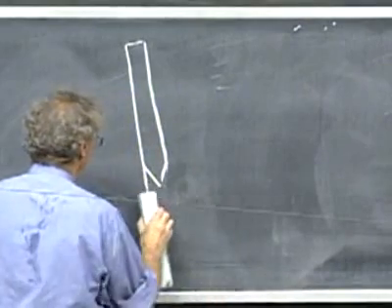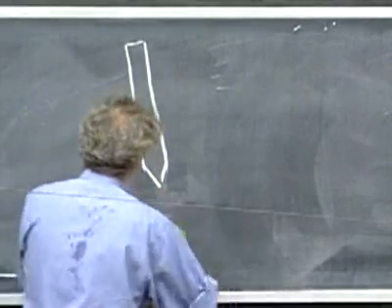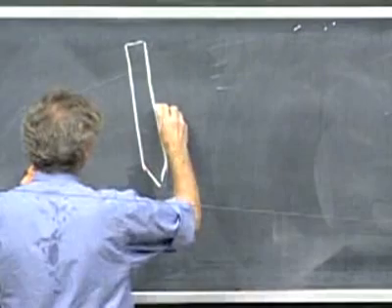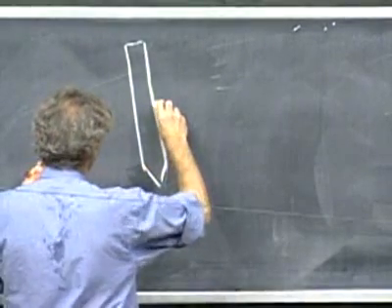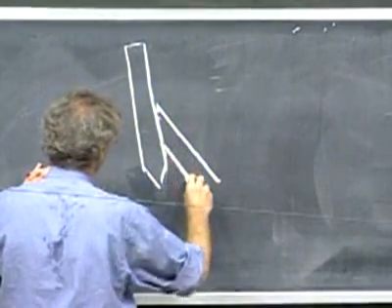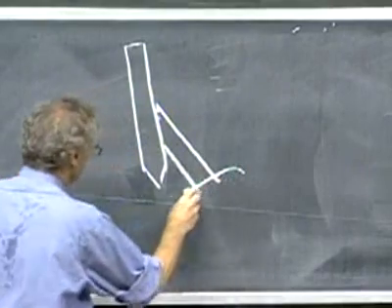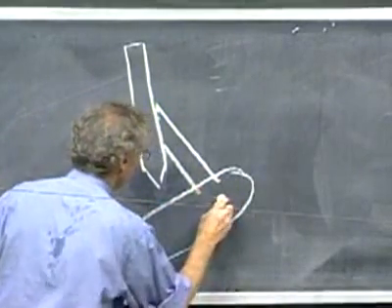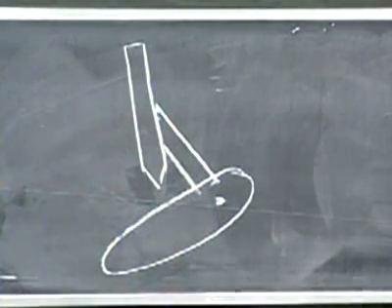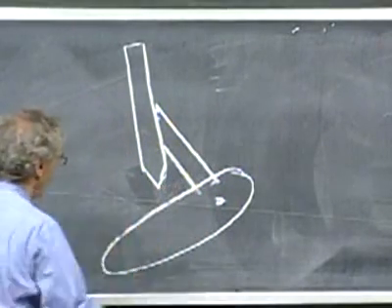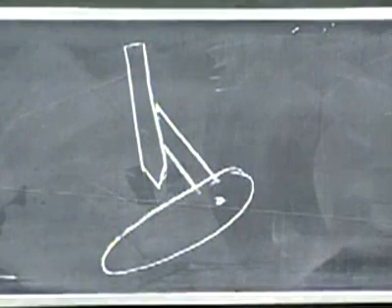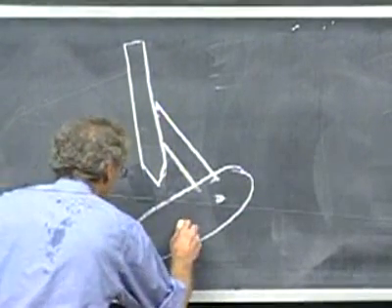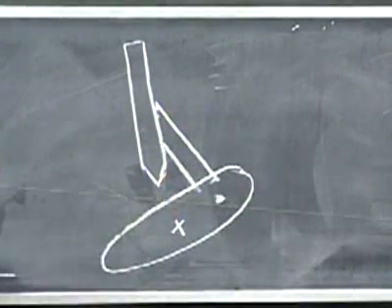And I take my pocket knife and I put the knife, I jam my knife in here. So this is the knife. And this is now my pocket knife, like so. This arrangement can easily be made such that the center of mass is below this point.